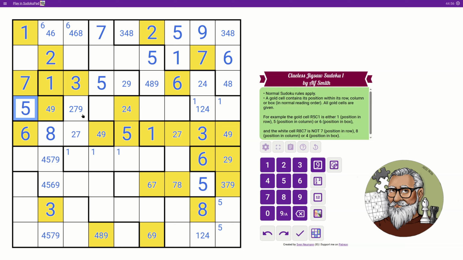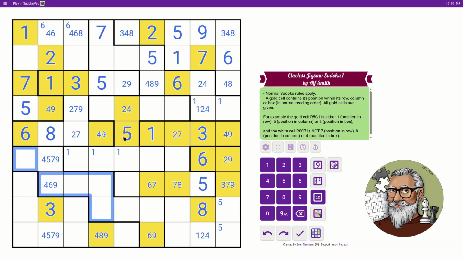Okay, and that means... What does that mean? This one isn't 5, for instance. Where is 5 here? I think this is the only place where we can have 5 in this region, because this isn't 5. None of those are.